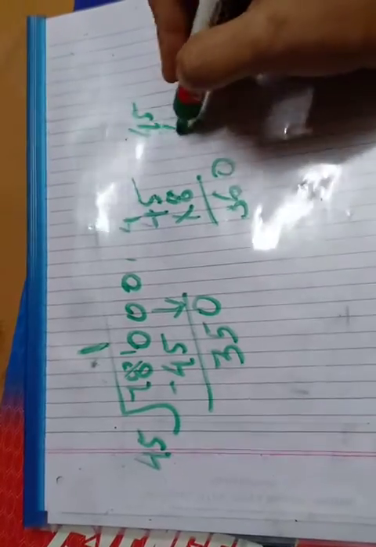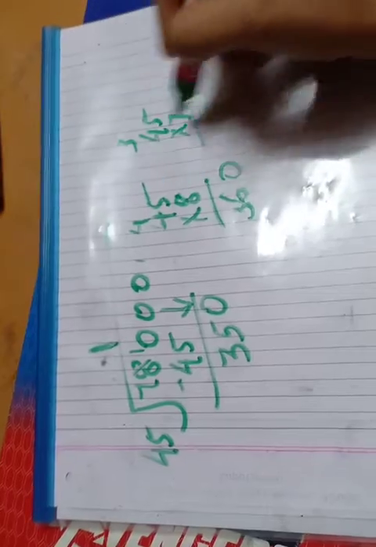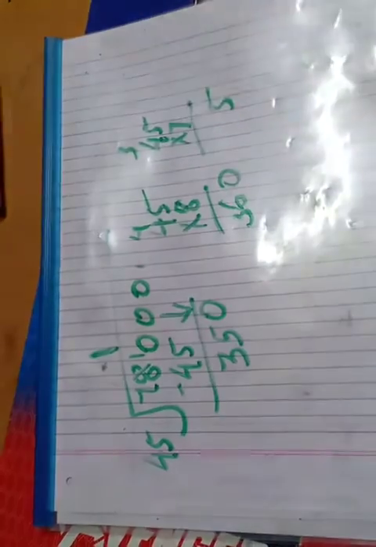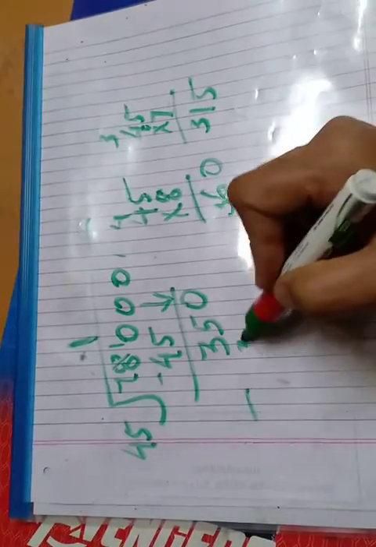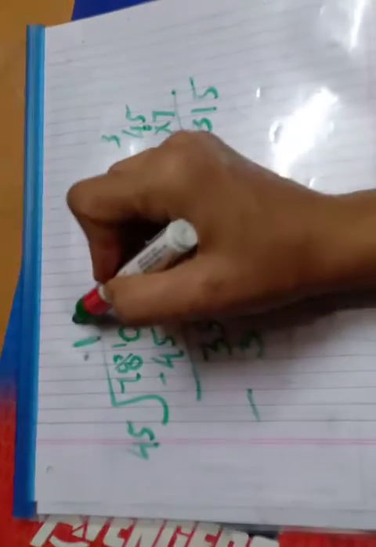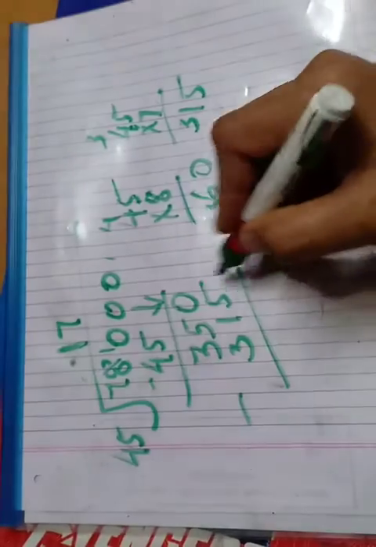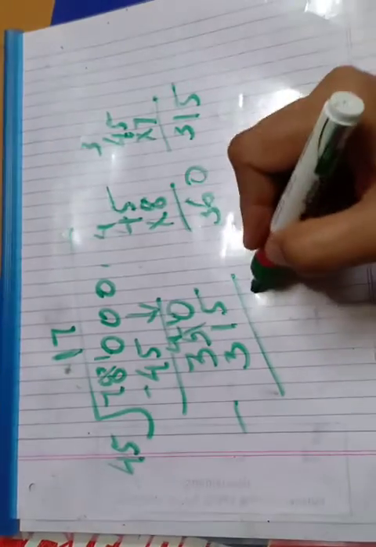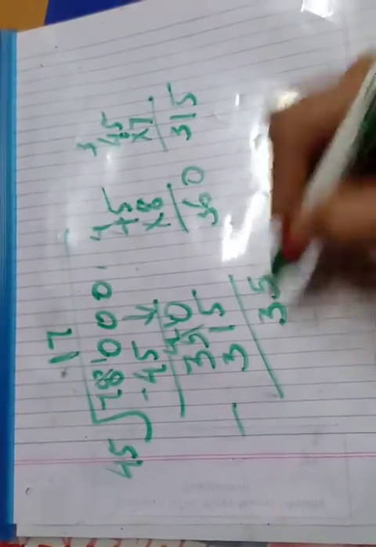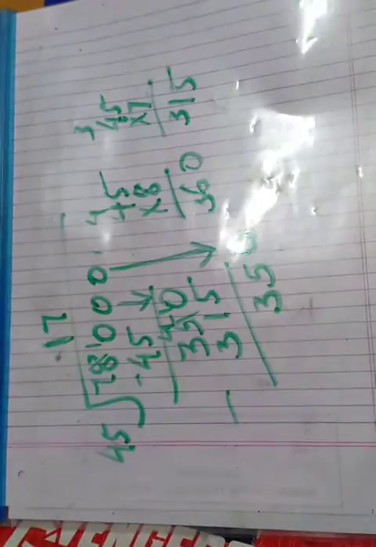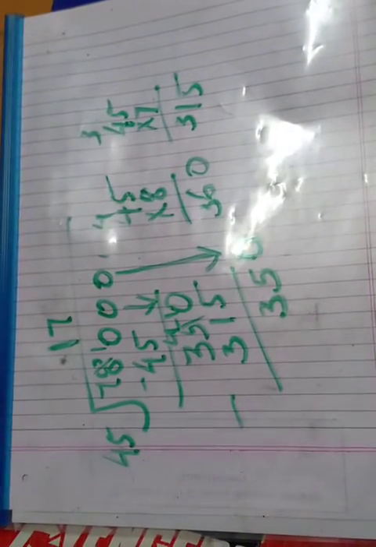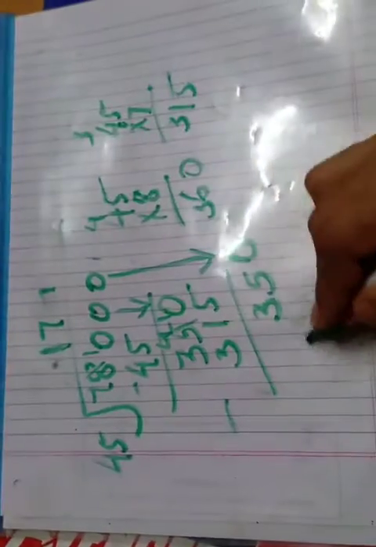So now by 7. 7 5s are 35, 7 4s are 28, 28 plus 3 is 31. 10 minus 5, 4 minus 1 is 3. Okay, now bring down next 0. Okay, so again it will go 7s are minus.